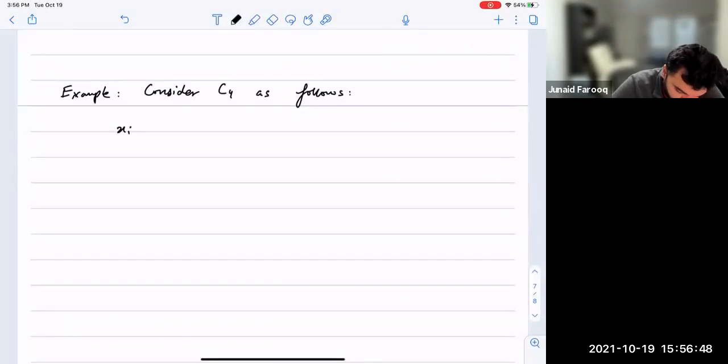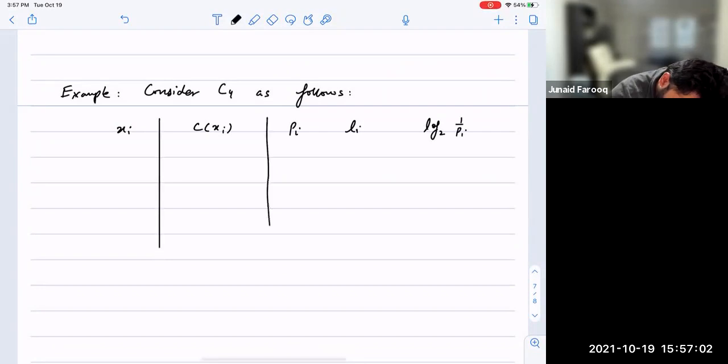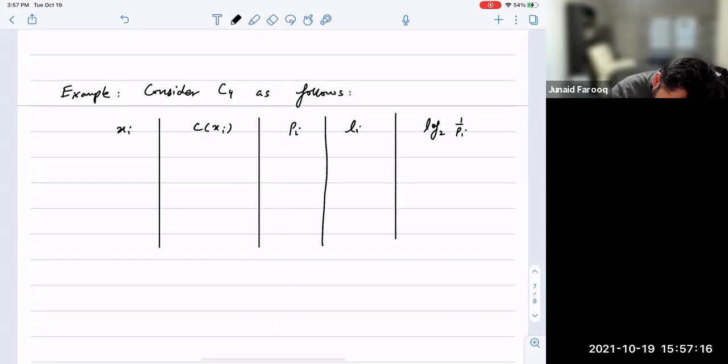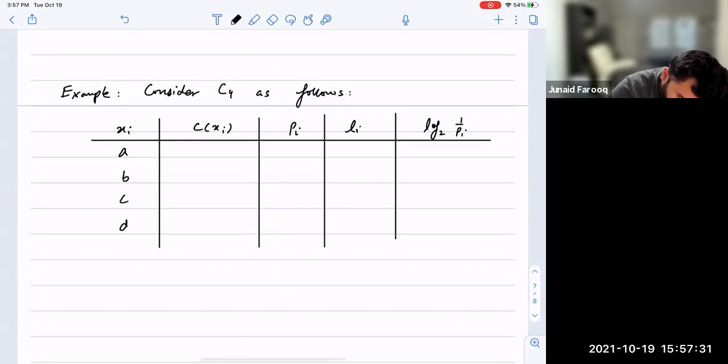So again, you have those A, B, C, D. And let's say the code words are the following: 00, 01, 10, and 11.